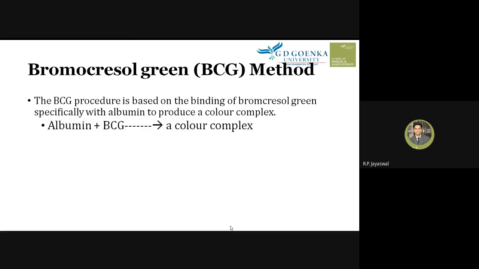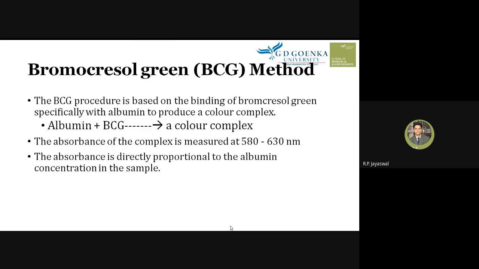Albumin and bromocresol green react with each other and produce a color complex. The absorbance is directly proportional to the albumin concentration in the sample. When we measure the absorbance at 580 to 630 nanometer, the absorbance of the mixture is directly proportional to the concentration of albumin in the given sample.